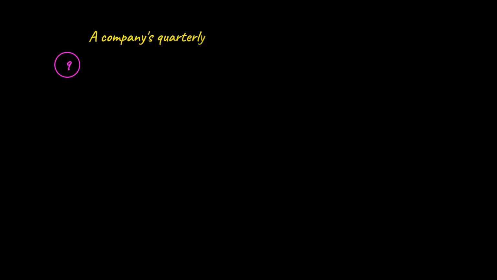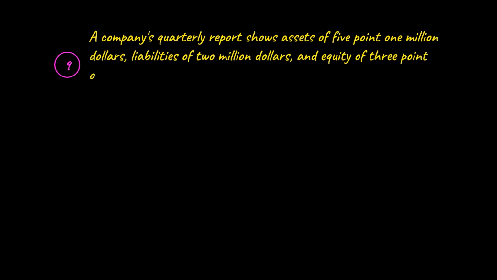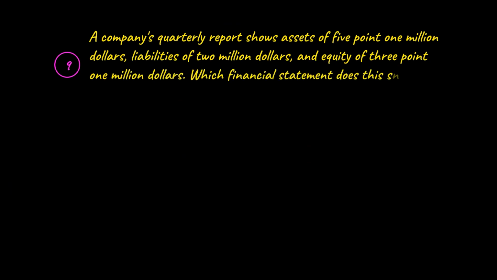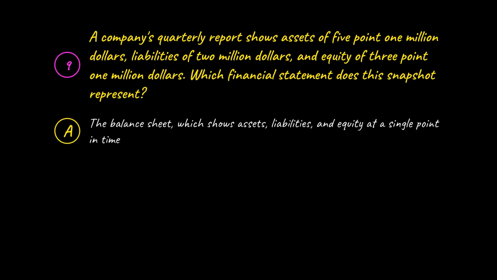Question 9. A company's quarterly report shows assets of $5.1 million, liabilities of $2 million, and equity of $3.1 million. Which financial statement does the snapshot represent? Your options are A. The balance sheet, which shows assets, liabilities, and equity at a single point in time.